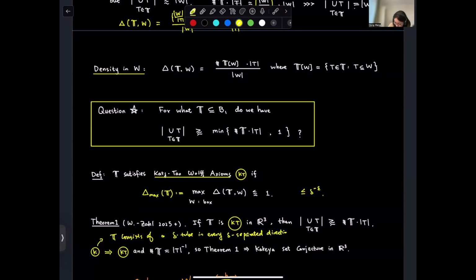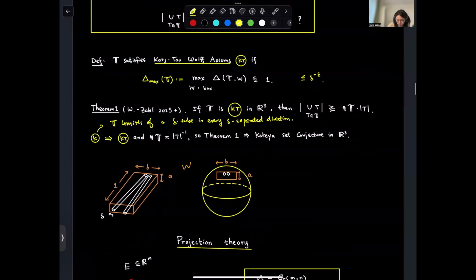And how to see this? So let's take W to be an A times B times 1 box. And we want to estimate how many tubes are there contained in W. We only need to estimate how many delta-separated directions are contained in W. And this is the number of delta caps contained in this A times B rectangle on the unit sphere.